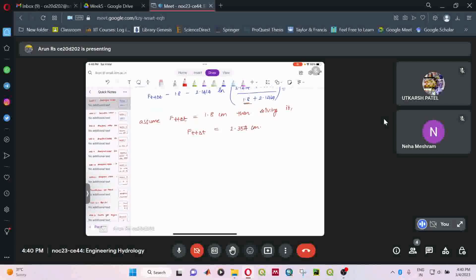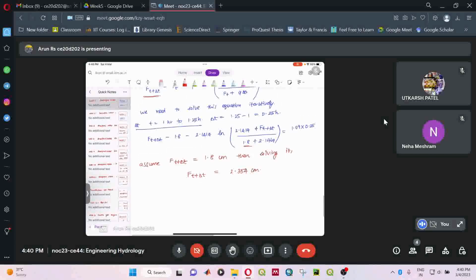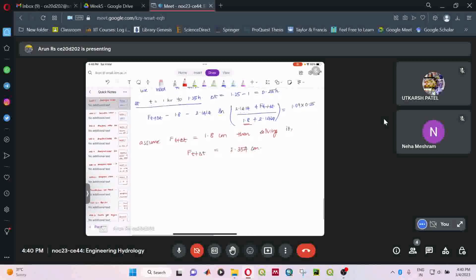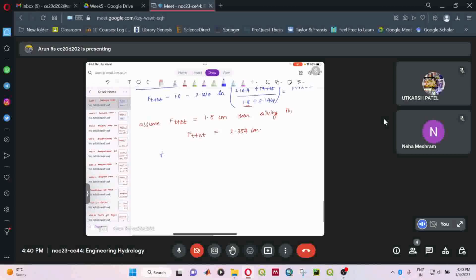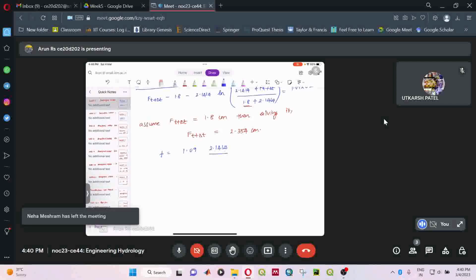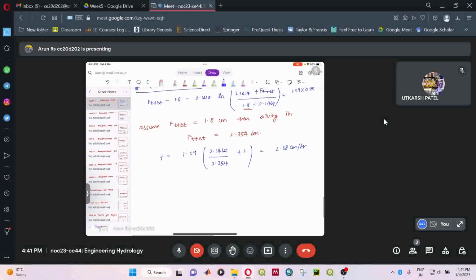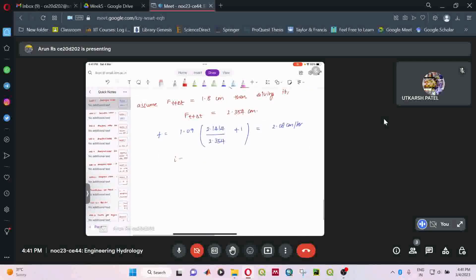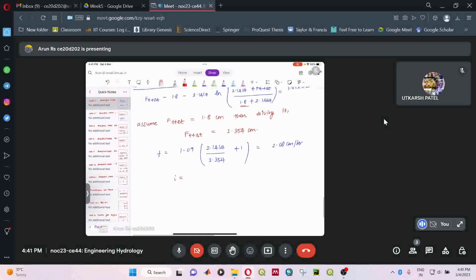So this is the cumulative infiltration happening in the interval 1 hour to 1.25 hours. Now we need to find the infiltration rate, and check again whether the condition is still true. f is equal to 1.09 into 2.1414 divided by 2.354 plus 1, and we get 2.08 centimeters per hour. We also compute the rainfall intensity in this time step.